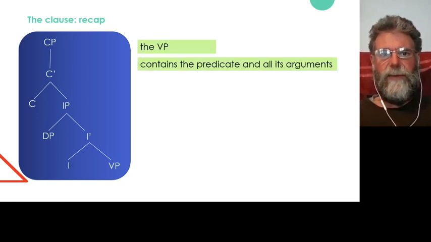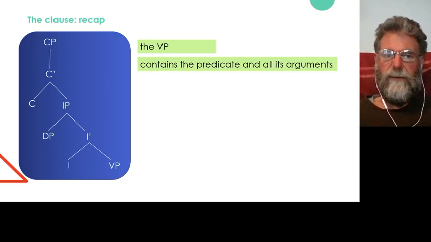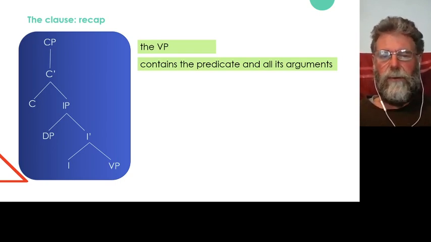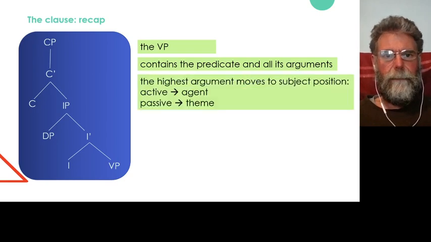Now, the VP is that part of the structure which, at least at the beginning, contains the predicate and all its arguments. So the verb starts off there, and all the arguments of the verb, the subject argument, or the agent, and the theme, and things like that, they all start off downstairs in that verb phrase.